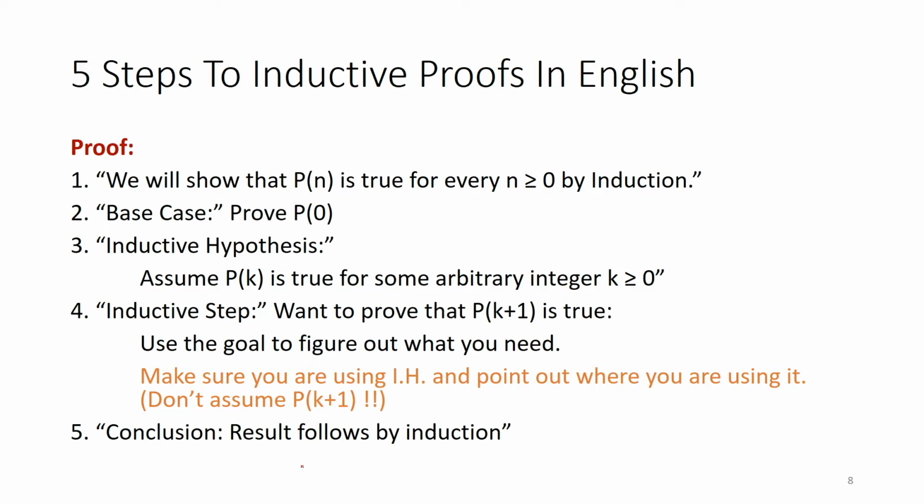If P of k plus 1 is true with the connection of P of k, that means those two have some implication relation. Because of this, automatically P of k is true, and next P of k plus 2 is true. So we can conclude the claim is true by induction.